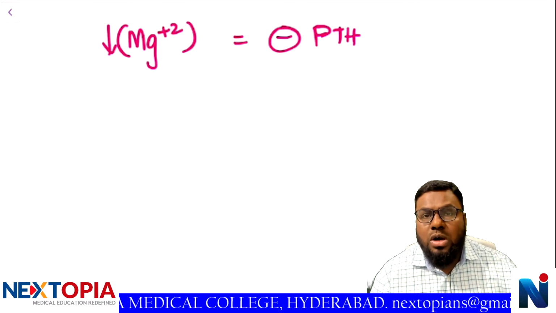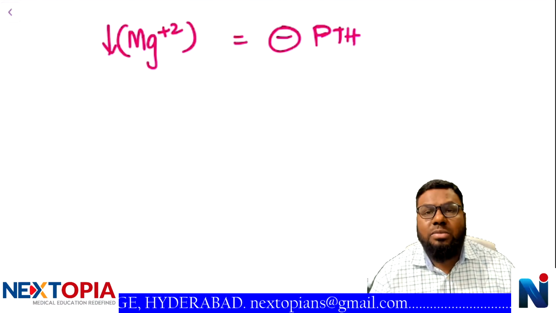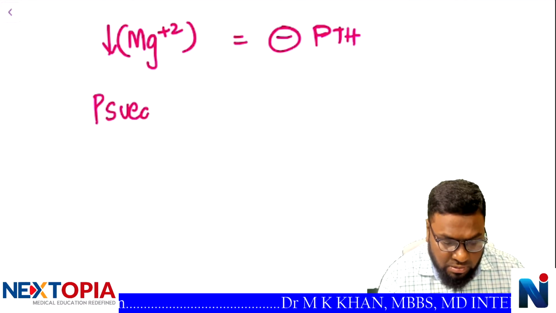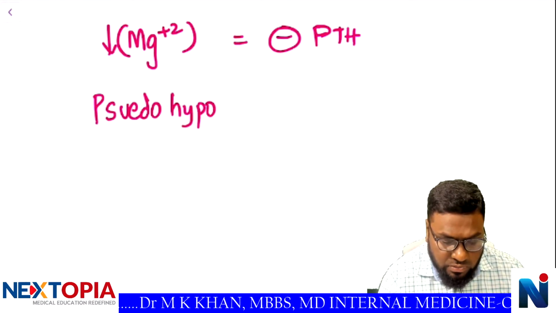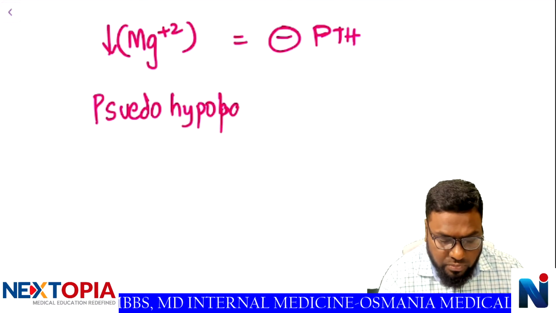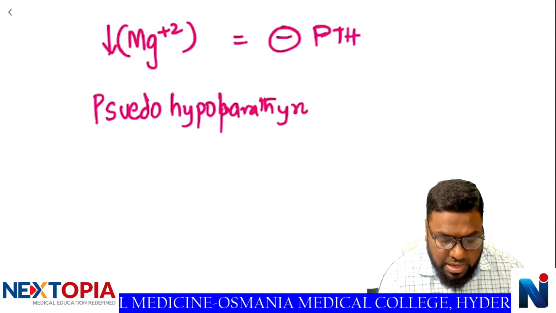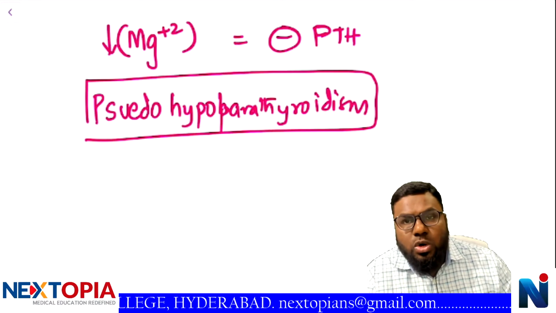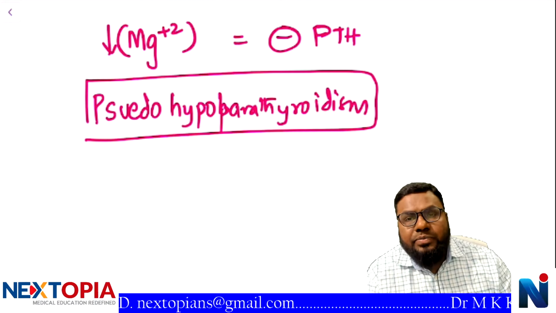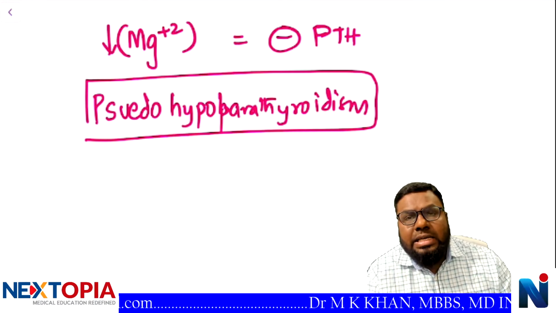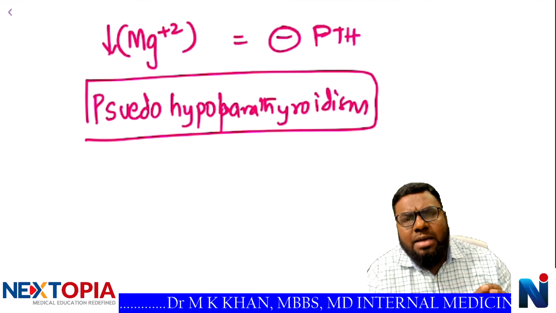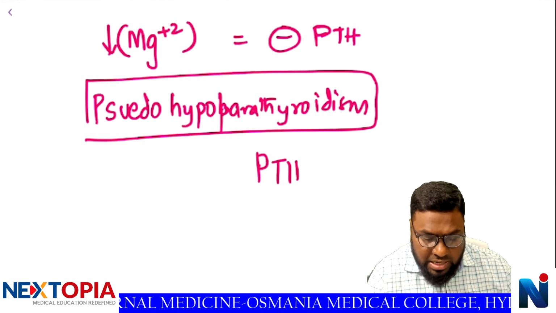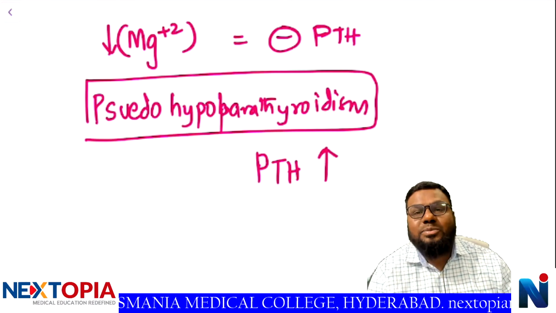So how to differentiate primary hypoparathyroidism from pseudo-hypoparathyroidism? Pseudo-hypoparathyroidism is a rare phenomenon. It has the same signs and symptoms as primary hypoparathyroidism, except that the parathormone levels in the blood are elevated rather than decreased.